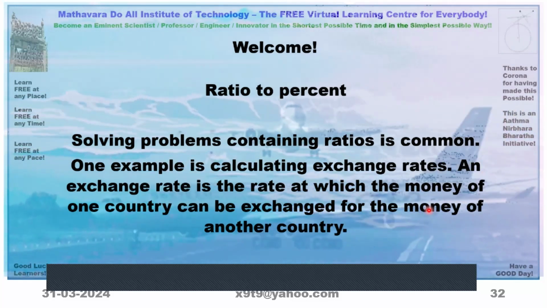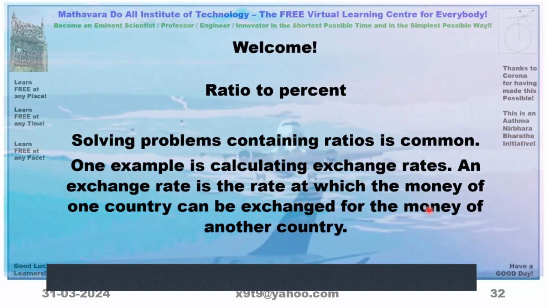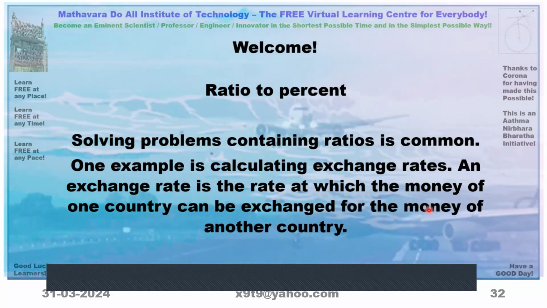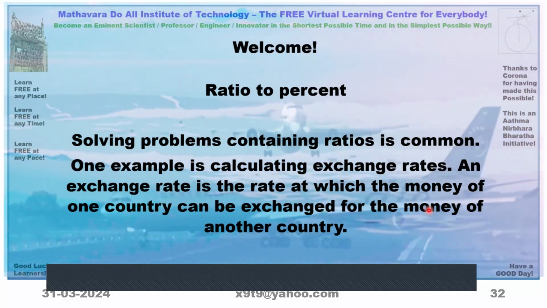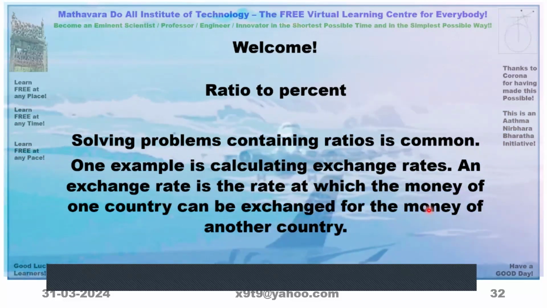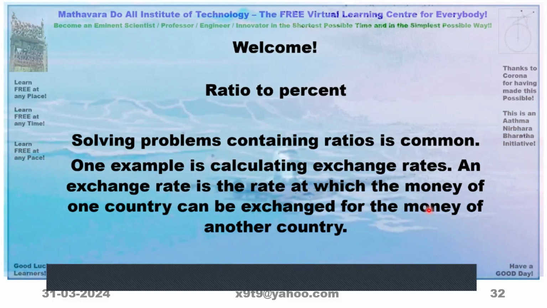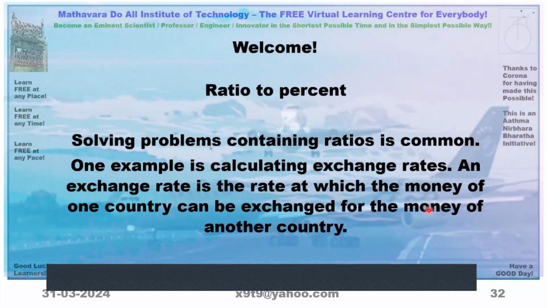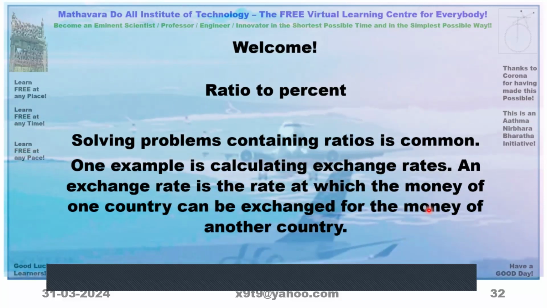So solving problems containing ratios is common. One example is calculating what is known as exchange rates, that is foreign exchange rates. An exchange rate is the rate at which the money of one country can be exchanged for the money of another country.